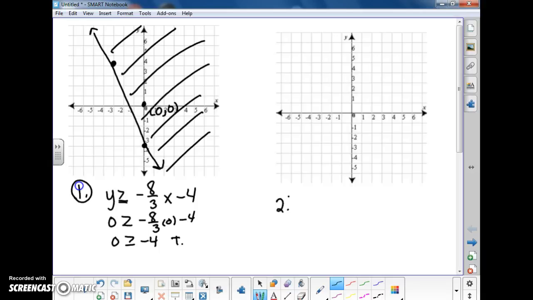All right, number 2. y greater than or equal to negative 7/3 x minus 3. I'm going to begin at negative 3. Up 7, left 3. Next.